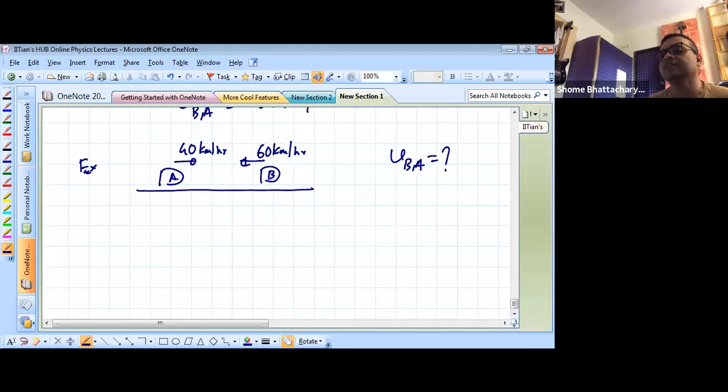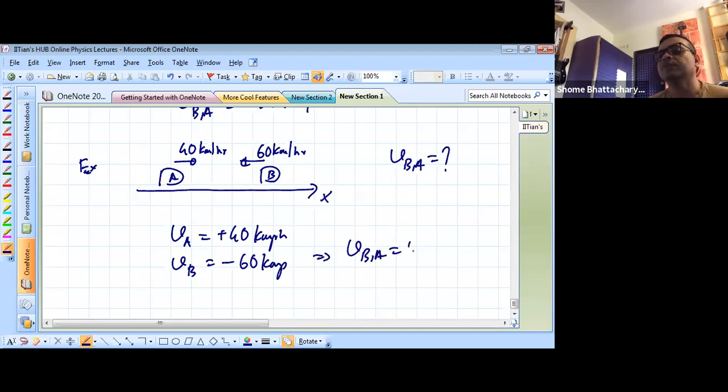So if I'm taking this as my positive x-axis, velocity of A will be given with a positive sign. But velocity of B, yes, will be given with a negative sign. So when you apply the formula, VB minus VA will actually become minus 60 minus of plus 40. So with the proper sign, it is in fact minus 100 kilometers per hour.